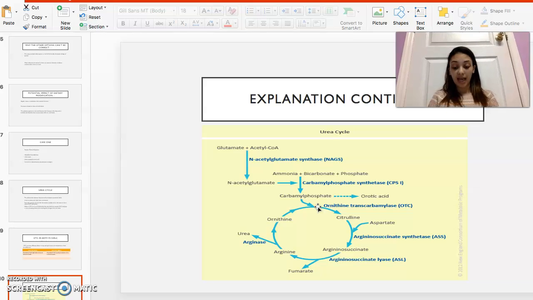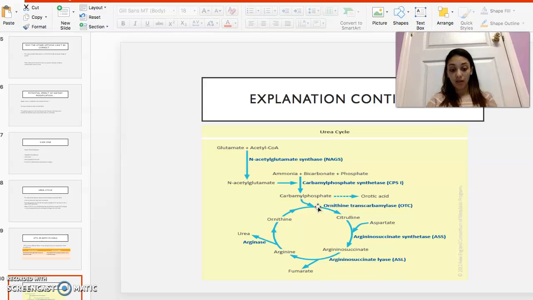Orotic acid helps distinguish OTC deficiency from carbamoyl phosphate synthetase, also known as CPS1. In this particular case, the affected enzyme would be OTC, and CPS1 would be the least likely enzyme to be disabled, due to this distinction.